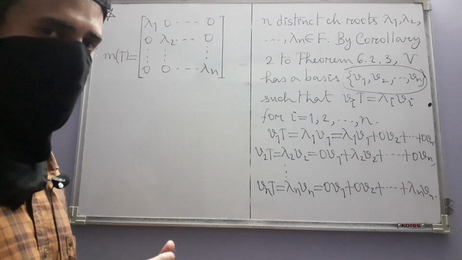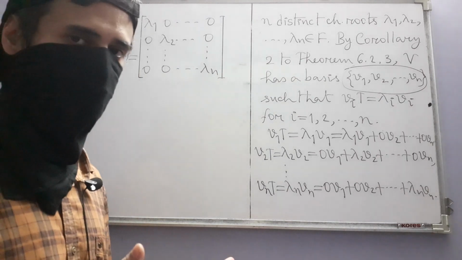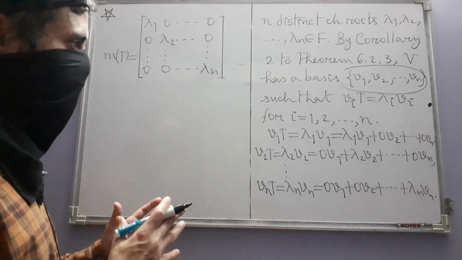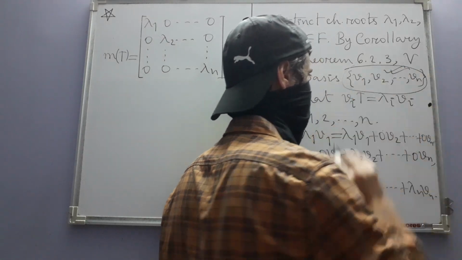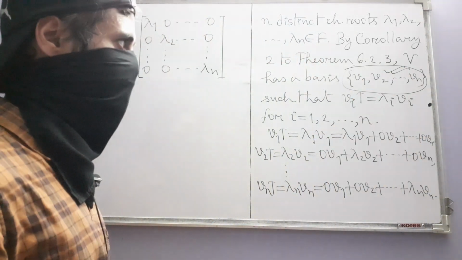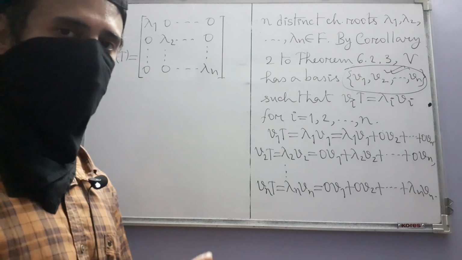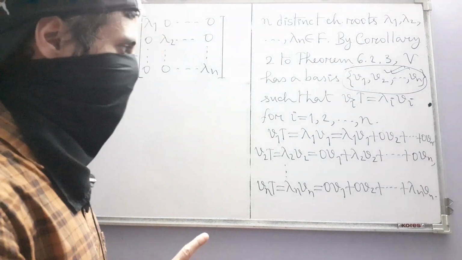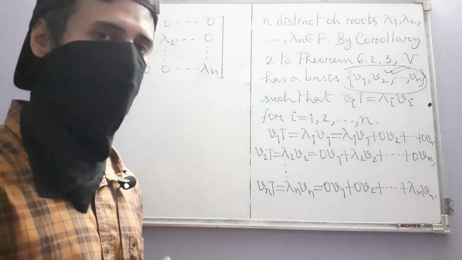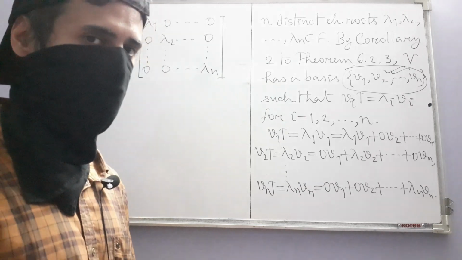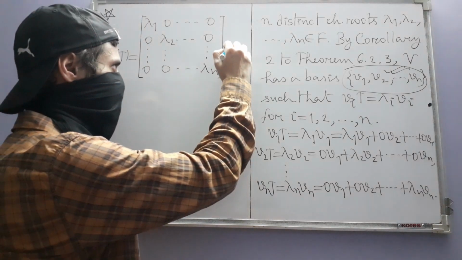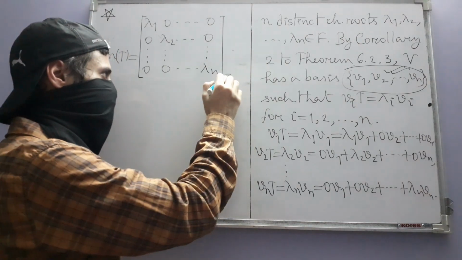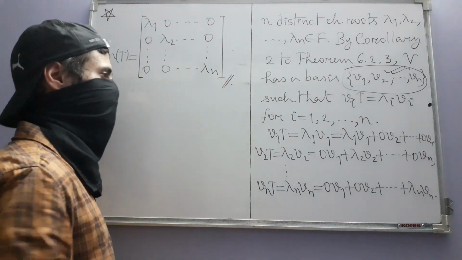That unfortunately is not always possible, but we try to find bases for a vector space so that the matrix of our operator with respect to that basis is as simple as we can possibly get. So this is a general thing, and this will give us many things. So let me just end the video here itself.